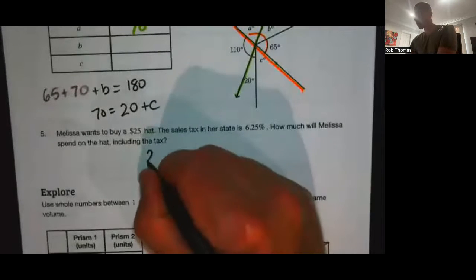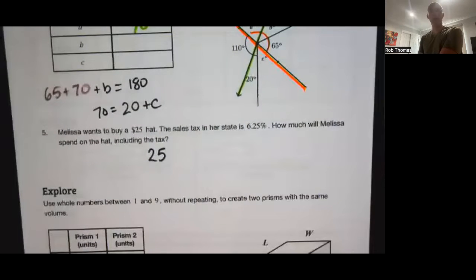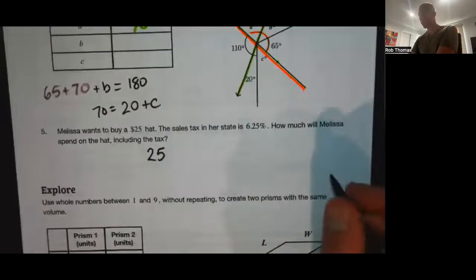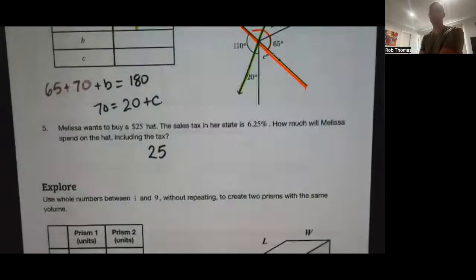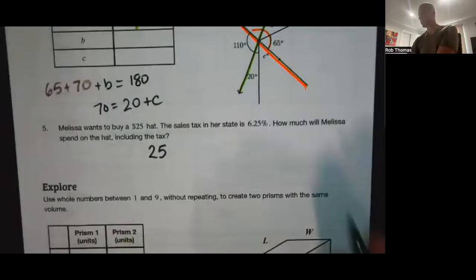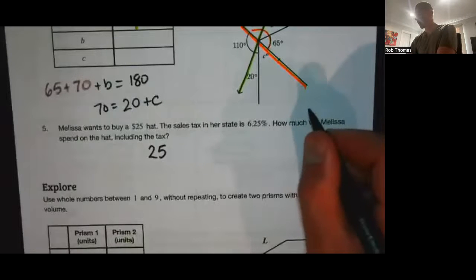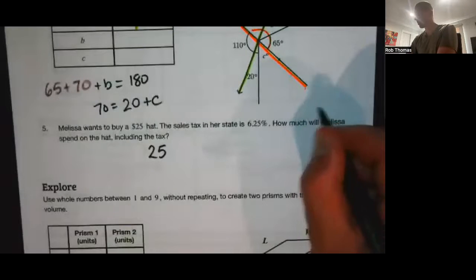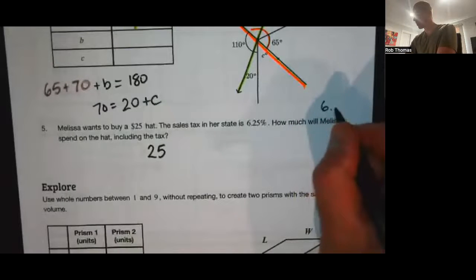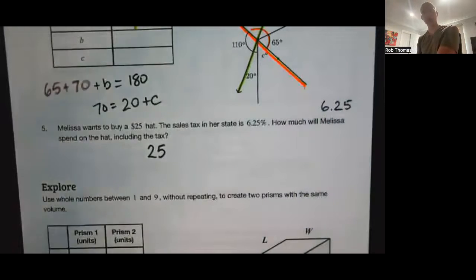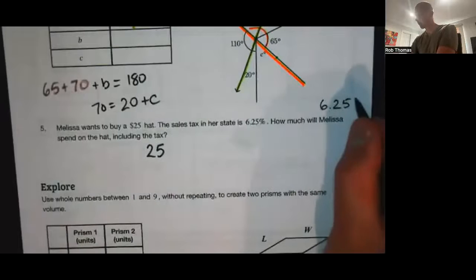So if we want to know 6.25% of $25, we need to multiply it by 6.25%, but in its decimal form, not as a percent. So I'm going to write 6.25 a little bit bigger right over here so I can remind you of something. 6.25%.